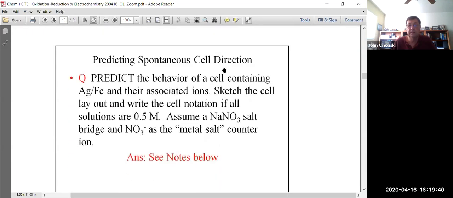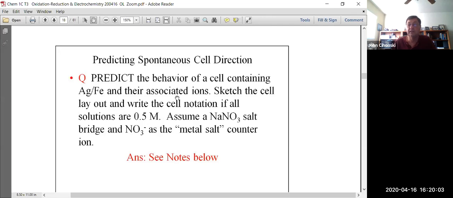Now, let's take another example. Let's say that we have a cell and it's not obvious. Well, maybe not as obvious. And we say the cell is a combination of zinc and iron and their counter ions, or associated ions.